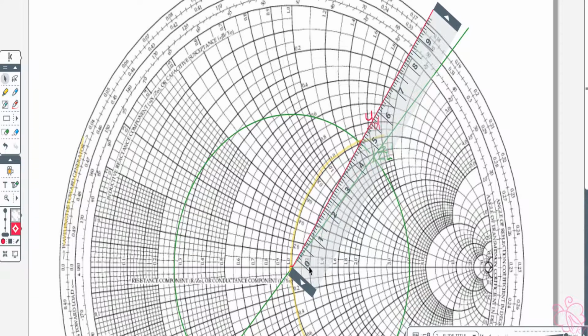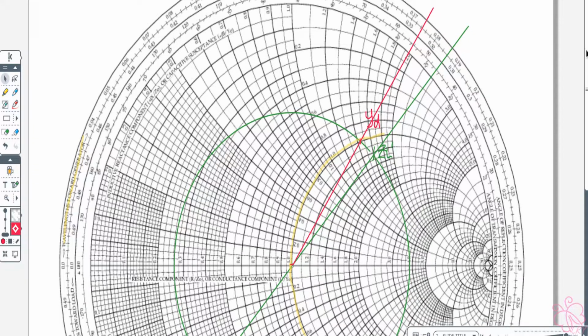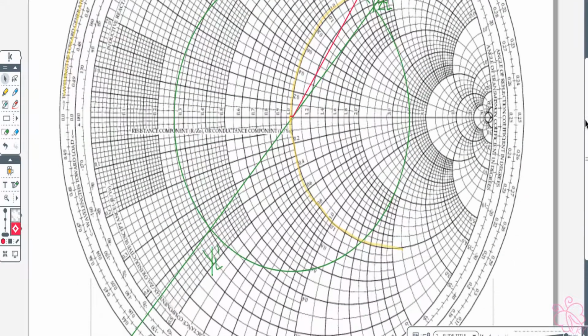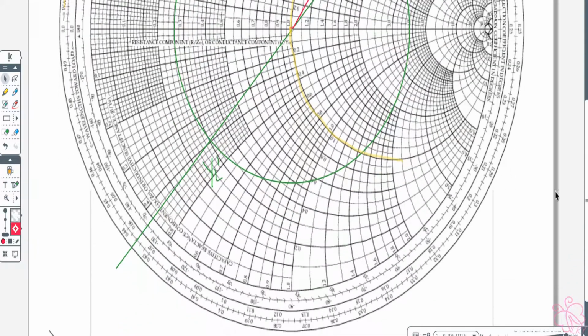Okay, next we want to know the distance, the location of YL prime. We will read at the wavelength towards generator, so it is the outermost. Here is 0.43, this is 0.44.